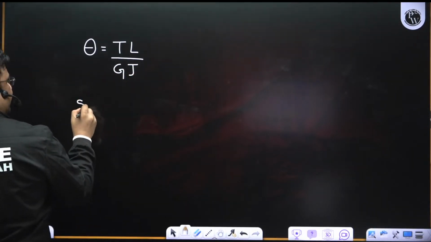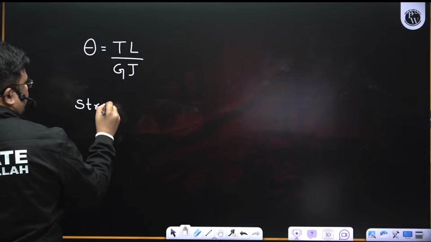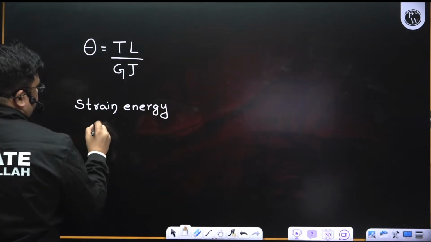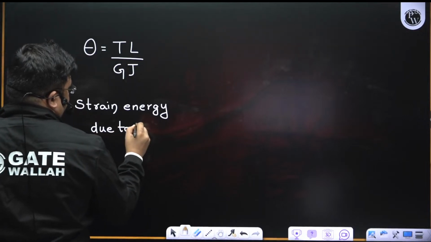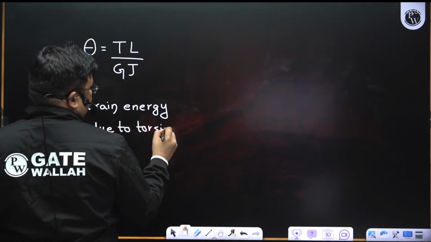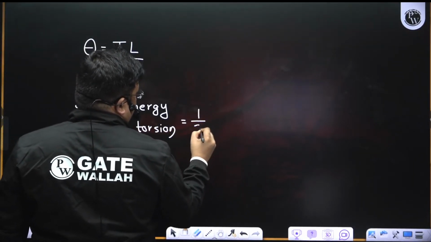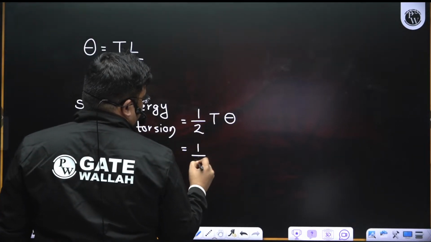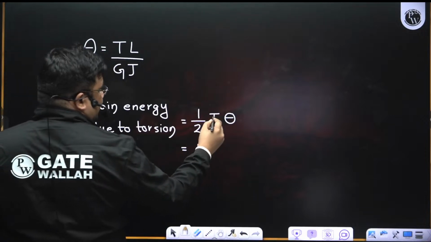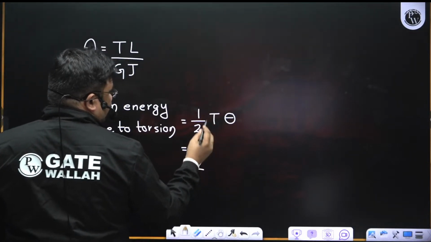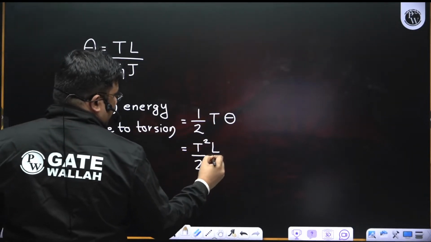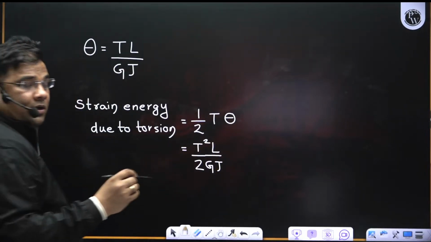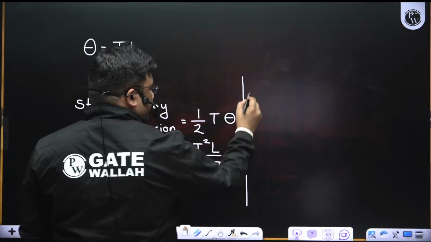You see, angle of twist is what? Formula we know, it is TL by GJ, right? And if I say strain energy due to torsion, it is nothing but half torsion into angle. You see, this is TL by GJ. If you multiply this, this becomes T square L by 2GJ. Now see, this formula is very similar to your strain energy due to axial loading.